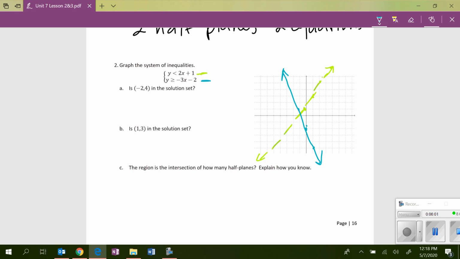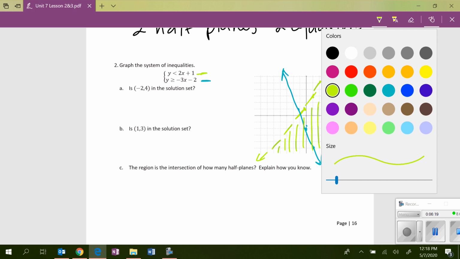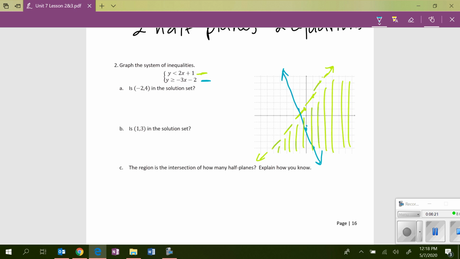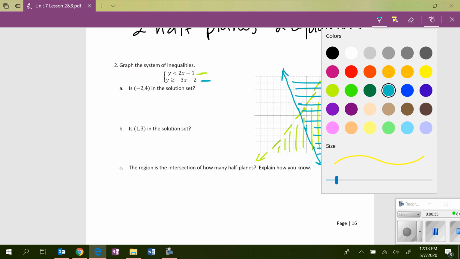And the nice thing about these being in slope-intercept form is we can easily tell which side needs to be shaded. For my first equation, it says that y is less than, which means we're shading everything below the green line. For my blue line, it says y is greater than or equal to, so you shade things that are above that line. Above or to the right, that's usually the greater than.